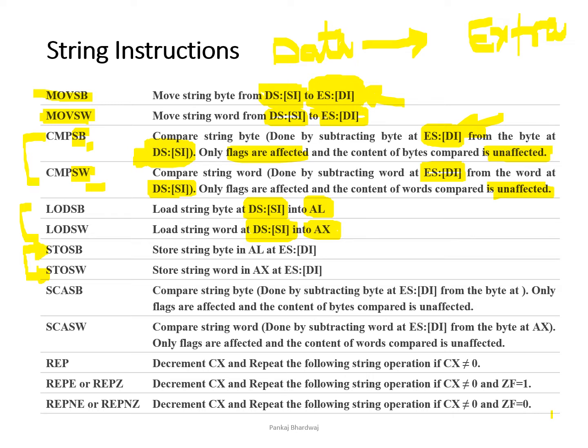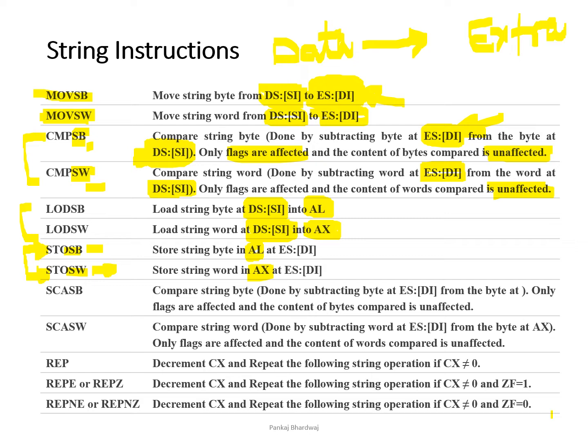Similarly, if we want to store a byte into the extra segment, we use STOSB, store string byte from AL, and STOSW, store string word from AX. Because it's 8-bit, 1 byte, or 16-bit, 2 bytes, the register is 8-bit or 16-bit accordingly.